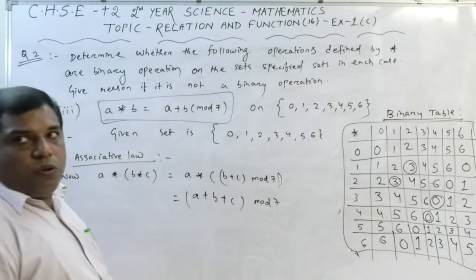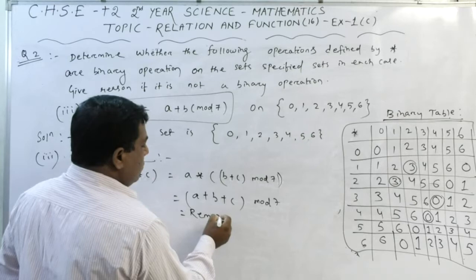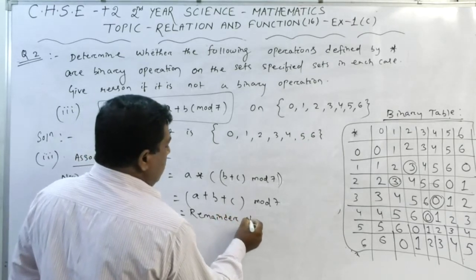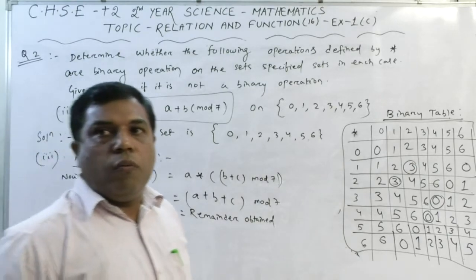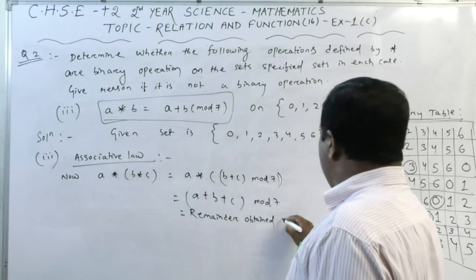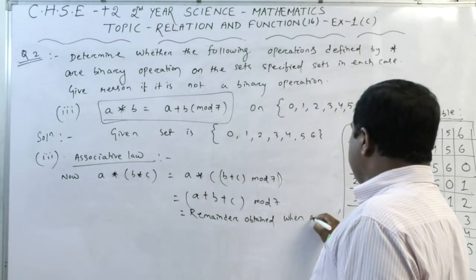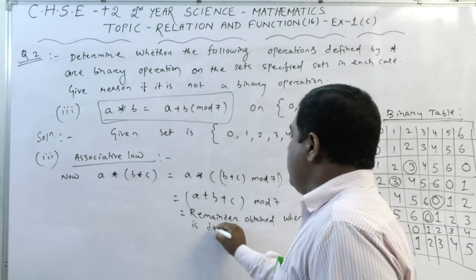So the remainder is obtained when A plus B plus C is divided by 7.